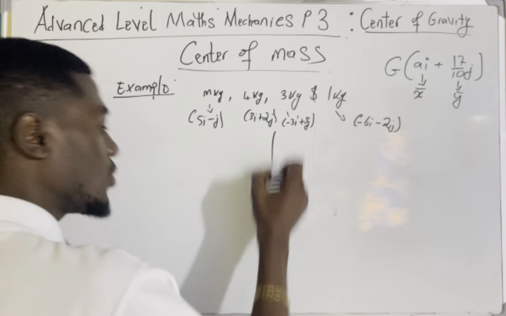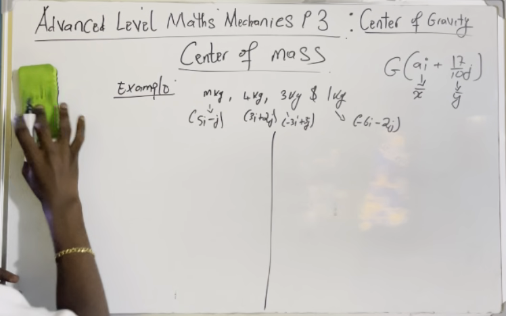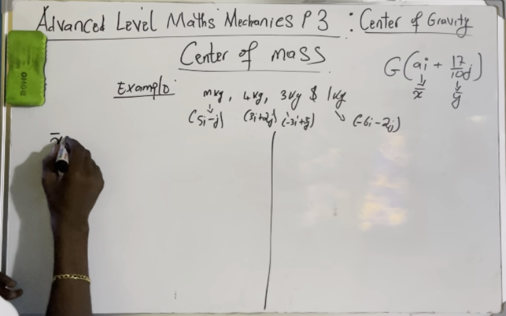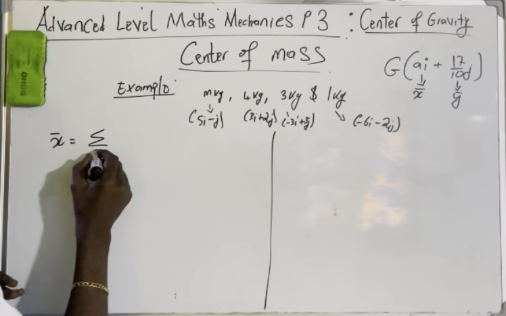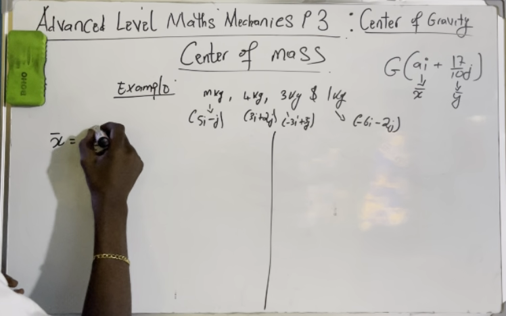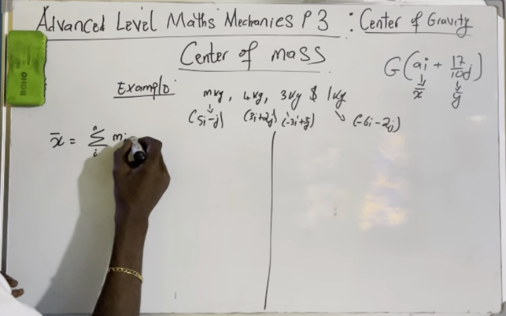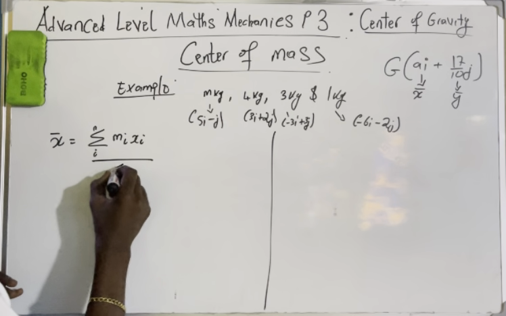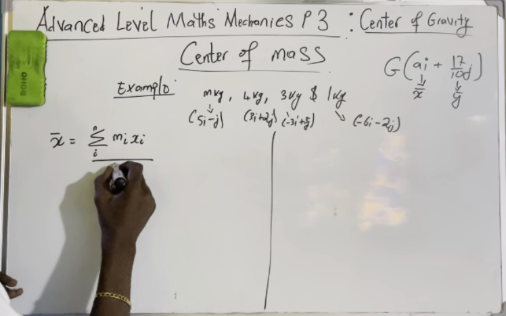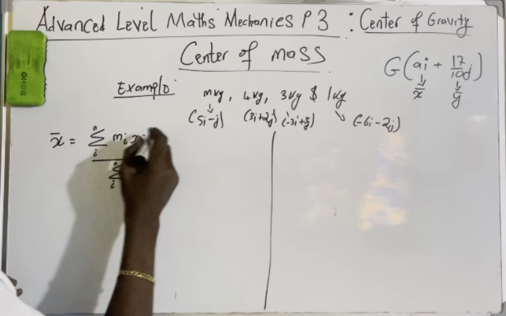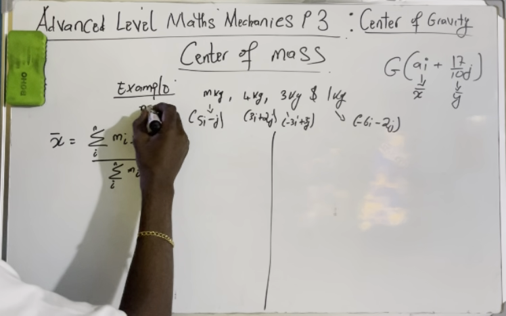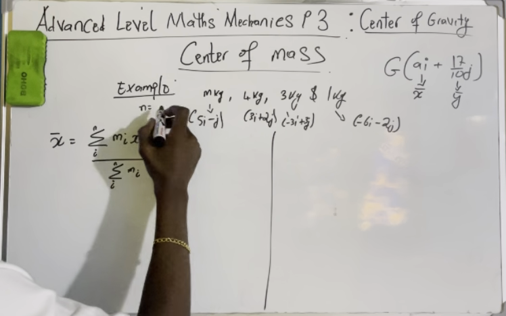So by definition, I know that x bar is the sum from i to n of mi xi, all over the sum from i to n of mi. Here our n is simply 1, 2, 3, 4.